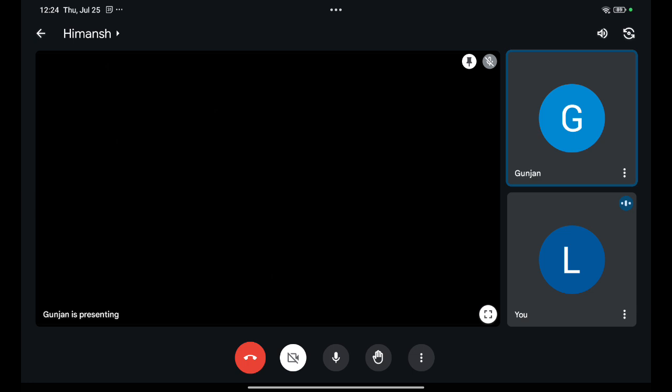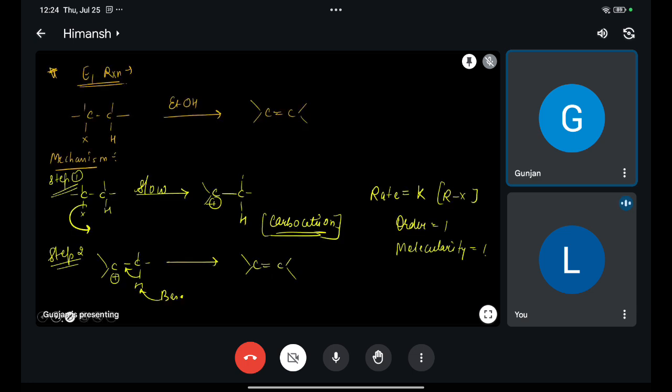Ma'am, why are we only saying carbocation? Why can't H plus and C minus be formed? There is little electronegativity difference between the two. The bond is not having that much polarity as the carbon-halogen bond has.